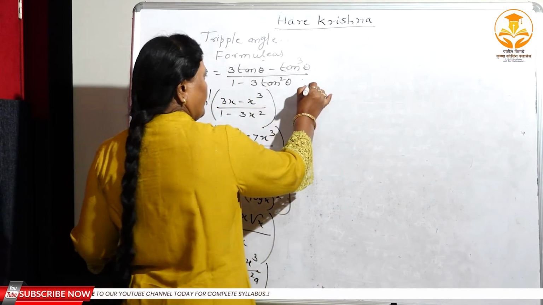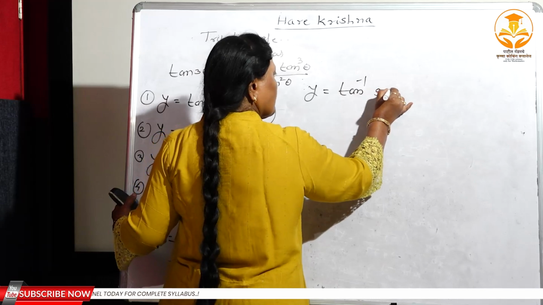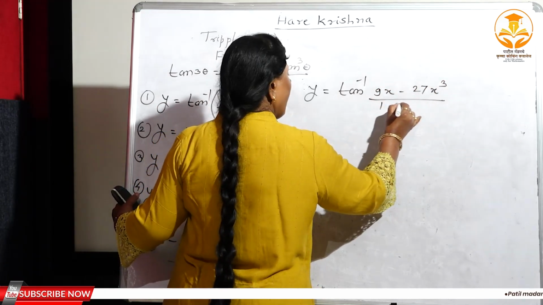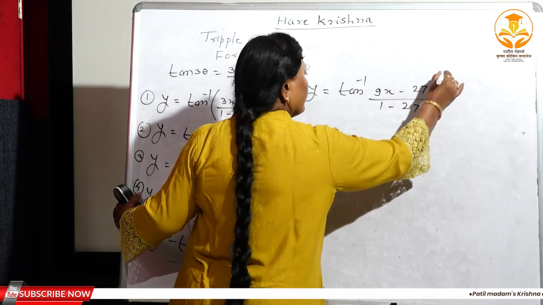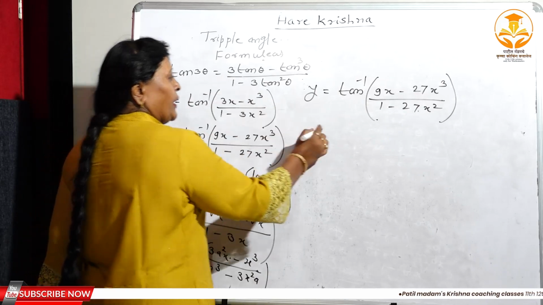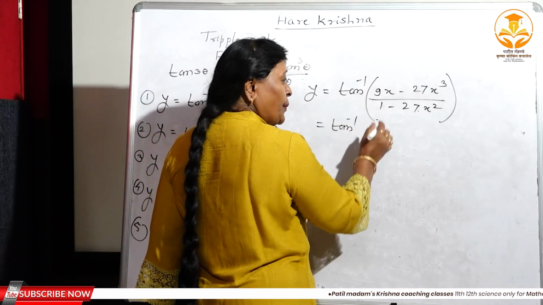For the examination. Now y is equal to tan inverse 9x minus 27x cube divided by 1 minus 27x square. What can you do? Here you want strictly 3. Therefore, when you take 3 from 9, what remains? 3x.